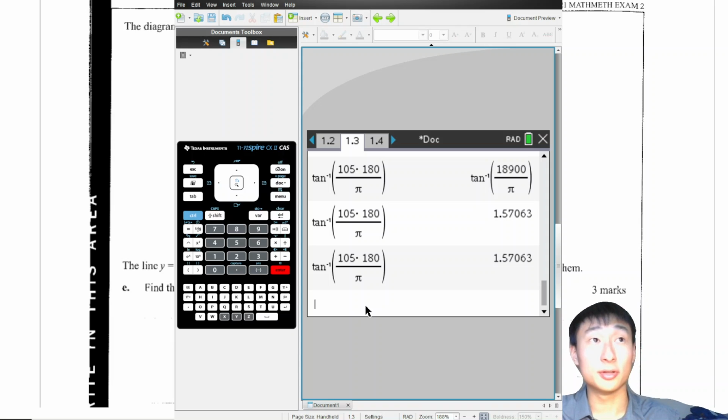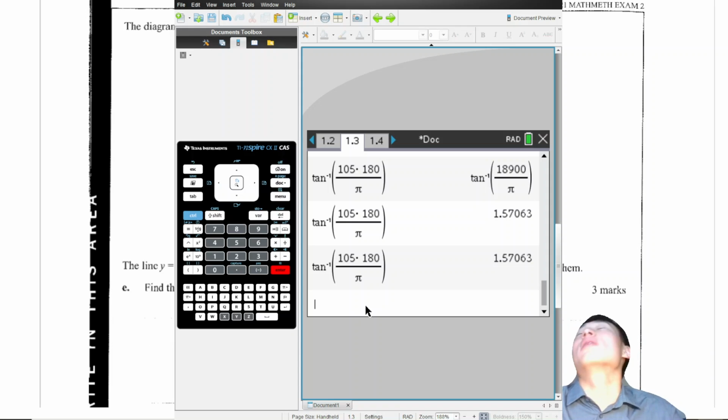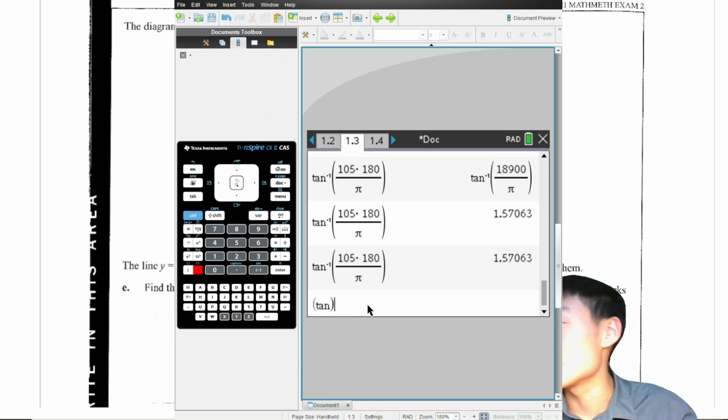Maybe I've forgotten to do something. Anyways, the 15 degrees one is wrong as well, because it's 15 degrees, which means it should be very close to 1. Wait a second. Oh no, m is equal to tan theta. What am I doing? It's an angle inside there.